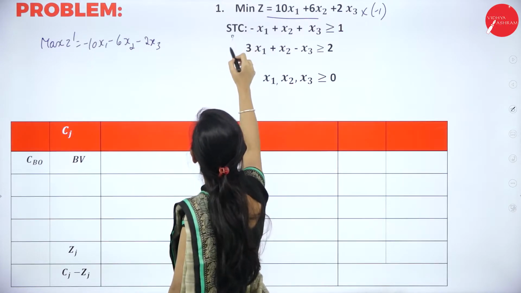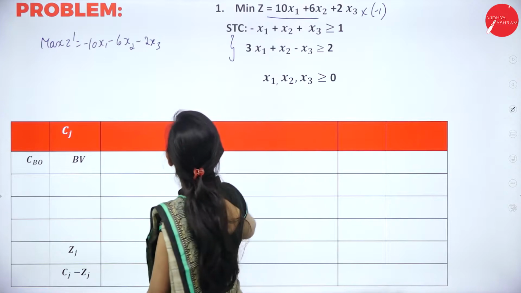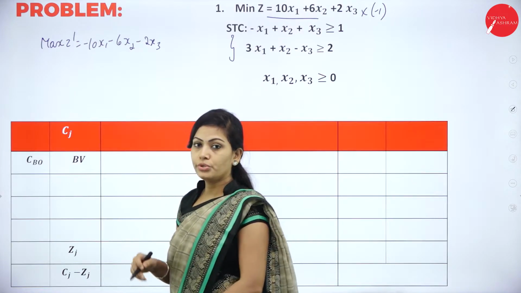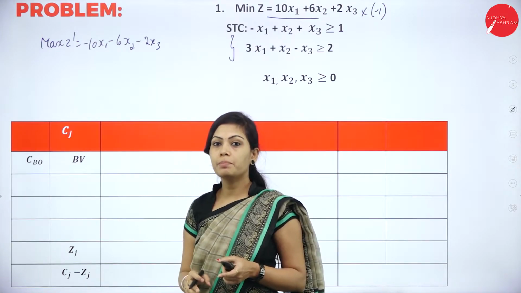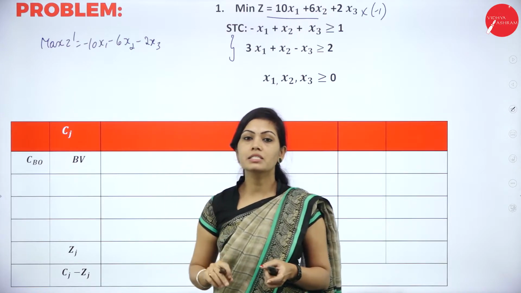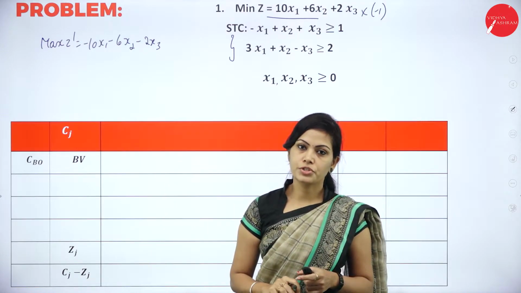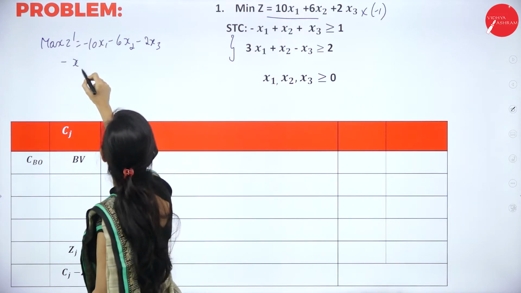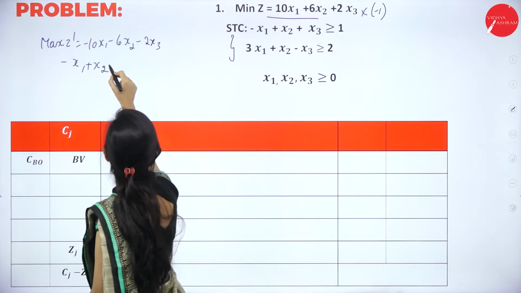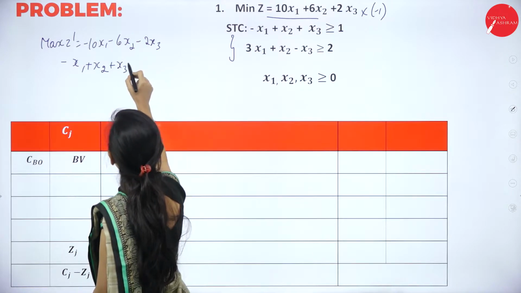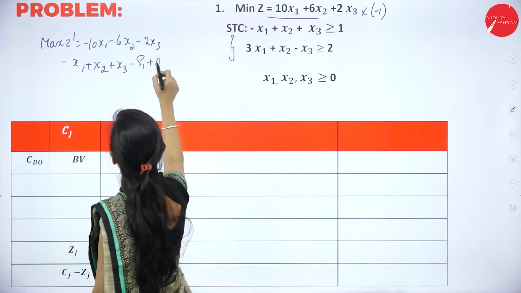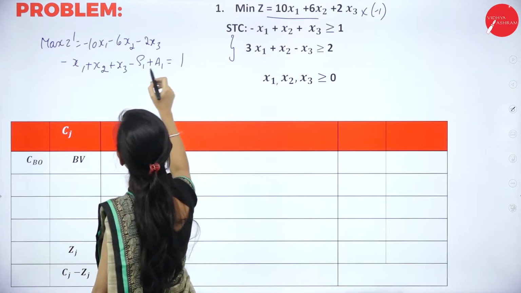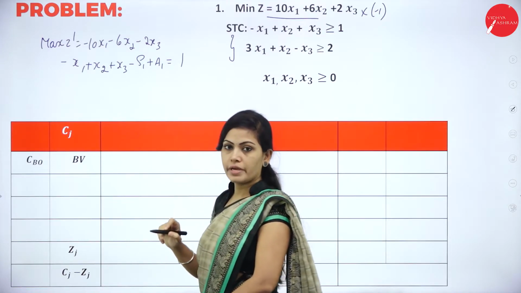Now we have two constraints, greater than or equal to and greater than or equal to. If it is a greater than or equal to type, we have to subtract the surplus variable and add an artificial variable. So the first constraint is -x1 + x2 + x3 - s1 + a1, subtracting the surplus variable and adding the artificial variable.